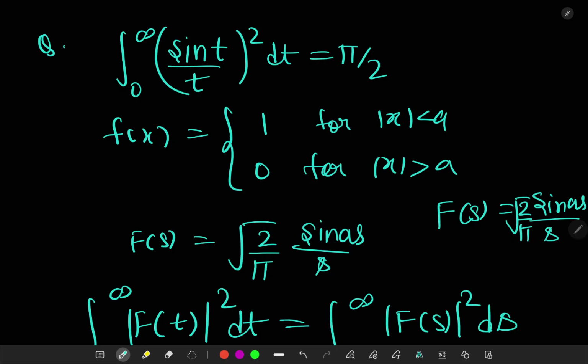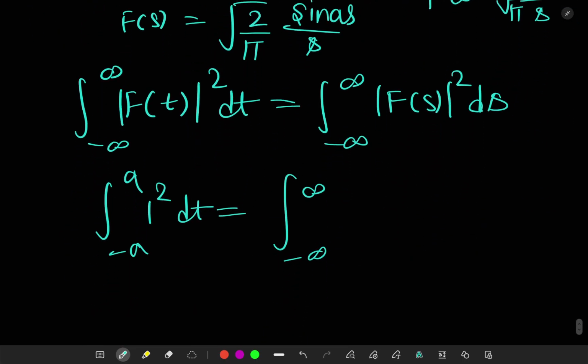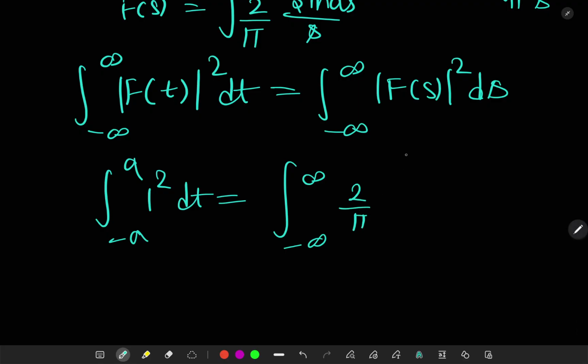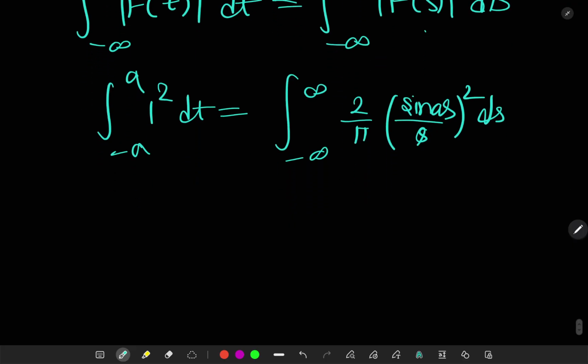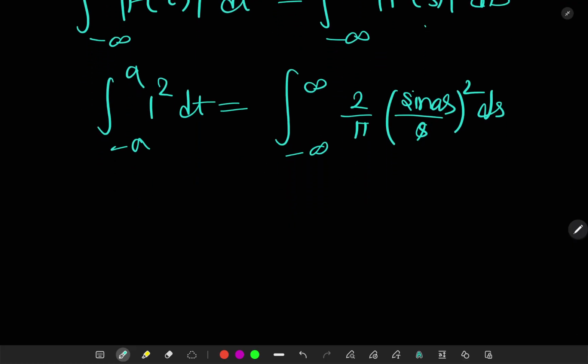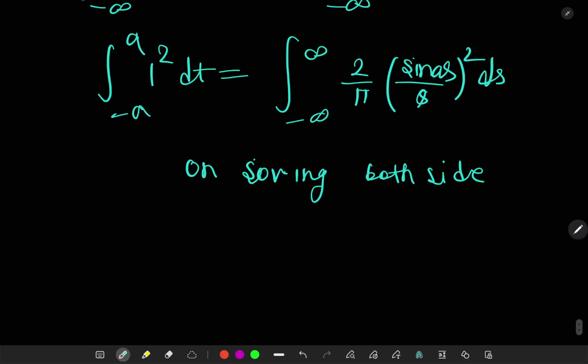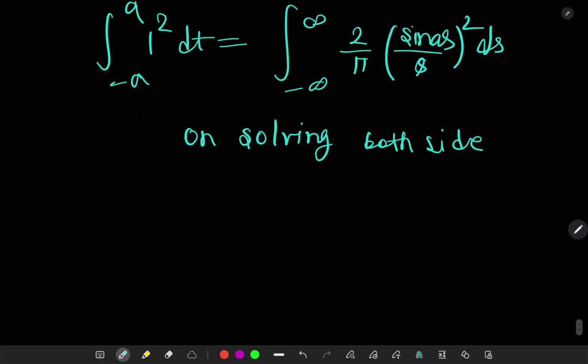After putting this value we get this. On solving both sides, we get this.